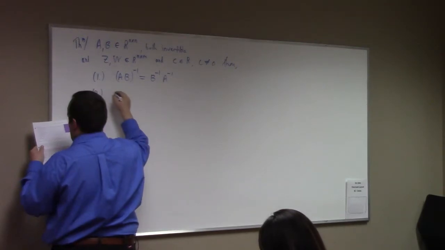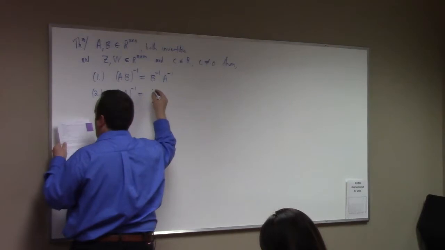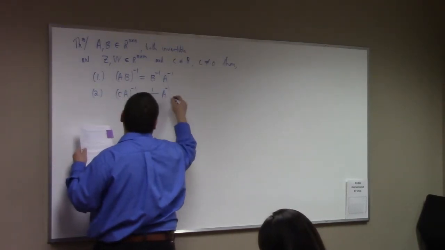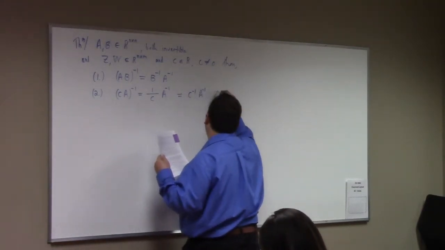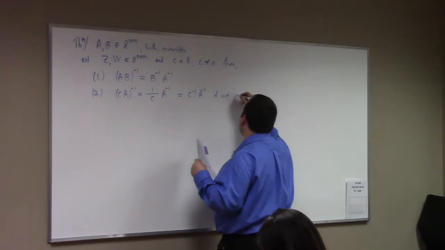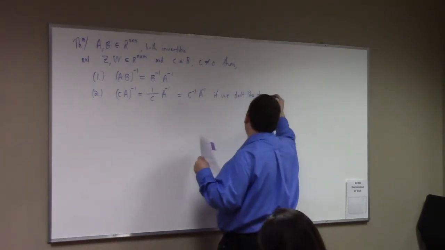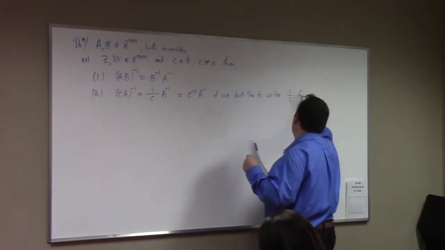Number 2, if we want the inverse of a scalar multiple of a matrix, it's simply 1 over the scalar times A inverse. Or you might say C inverse A inverse if we don't like to write 1 over C for C inverse.